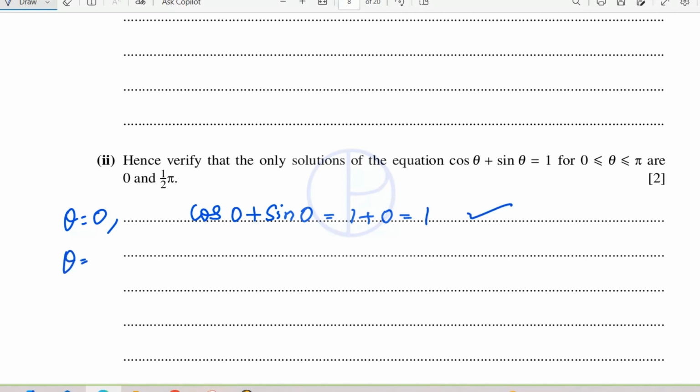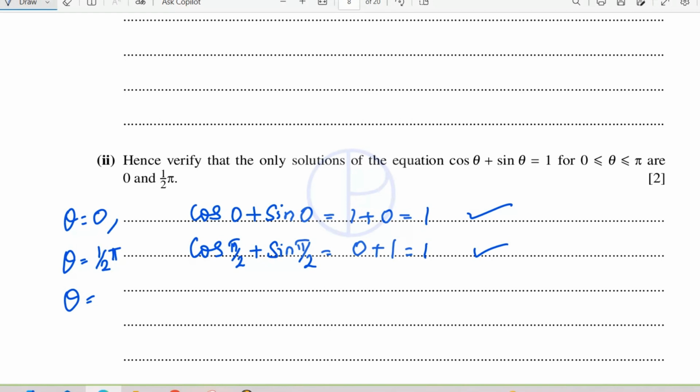And let's verify 1 over 2 pi. So cos pi over 2 plus sine pi over 2 equal to 0 plus 1, which is equal to 1. And this is also verified.